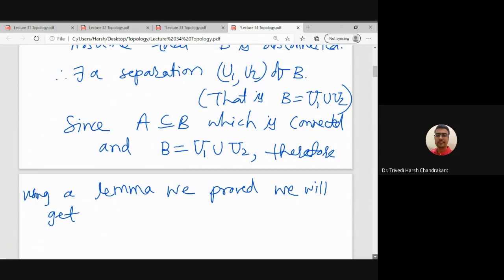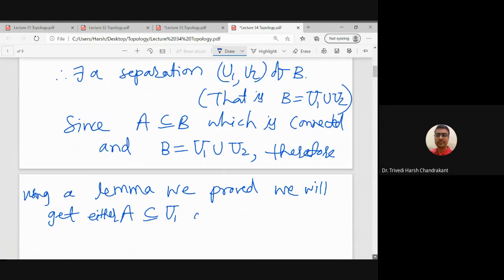So what we will get is A is a subset of U1 or A is a subset of U2. So we have two choices.